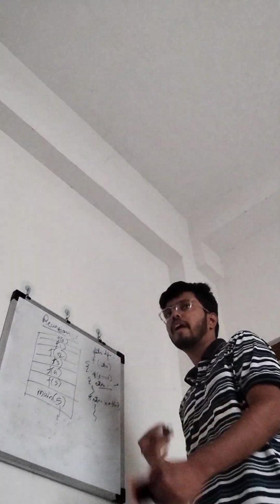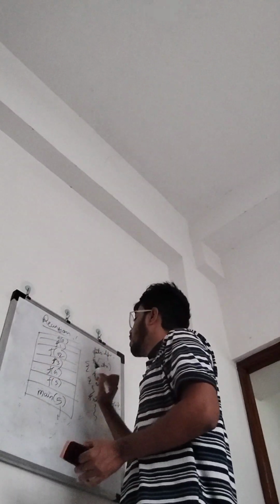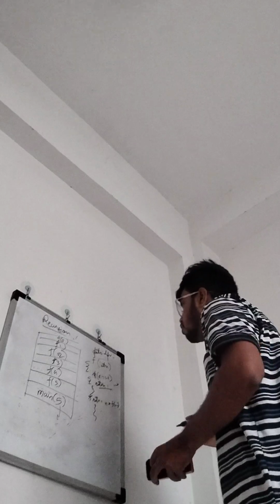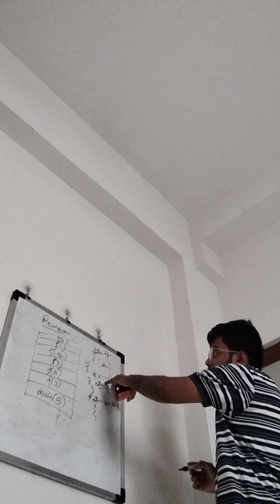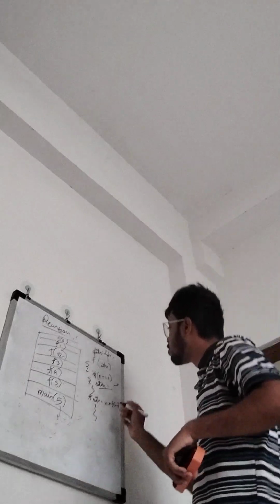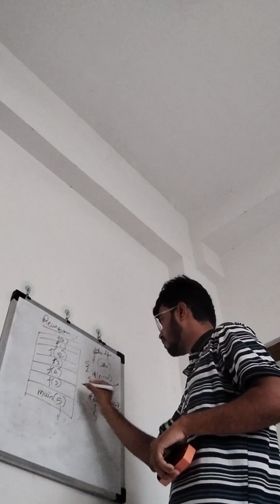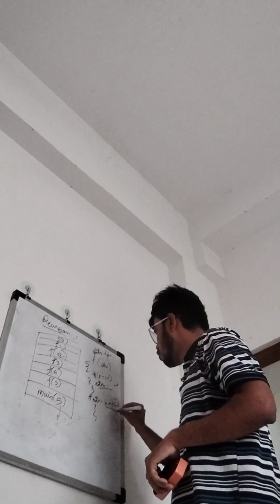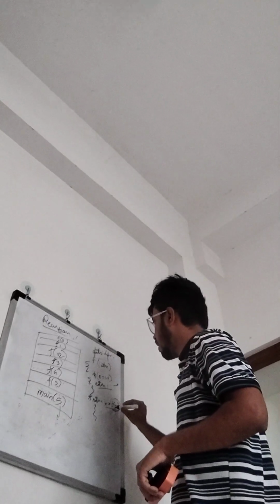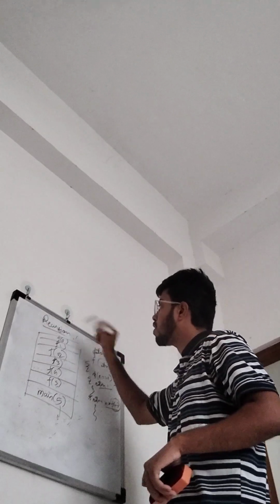I wanted the factorial of 5, so I called the function factorial with input 5. It checks the condition, sees that n is not equal to 0, so it returns n into f of n minus 1. So 5 calls 4, 4 will call 3, 3 will call 2, 2 will call 1, and 1 will call 0.